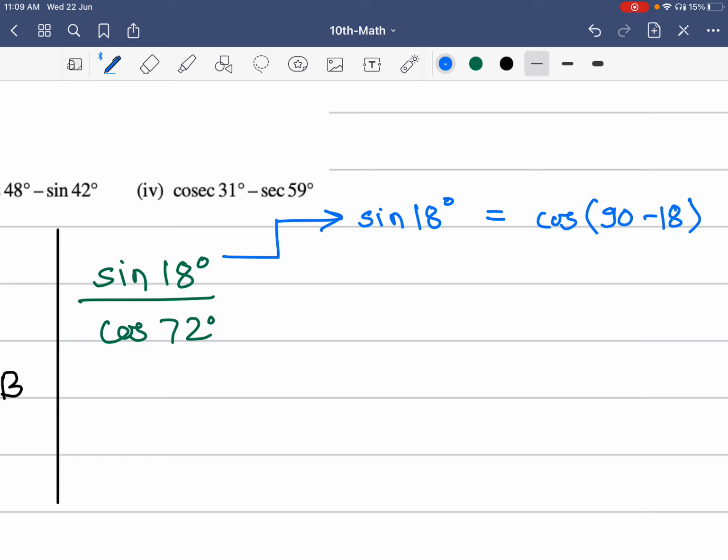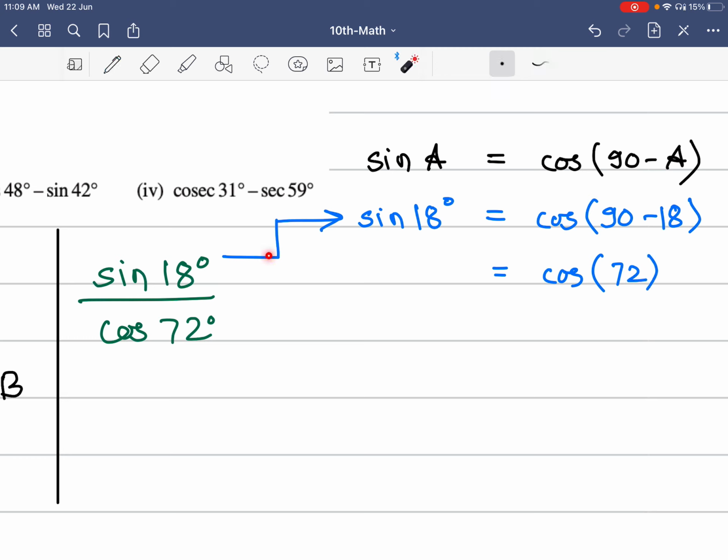Basically this is using sine of a is equal to cos of 90 minus a. Then this will be equal to cos of, what is 90 minus 18? That is 72. So sine of 18 is actually equal to cos of 72.